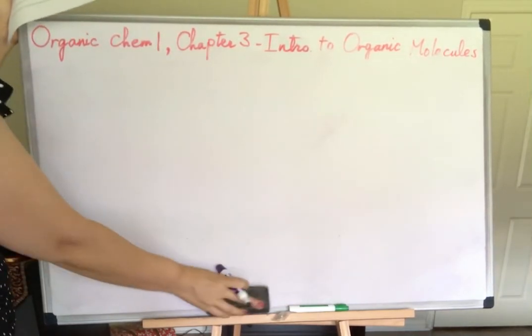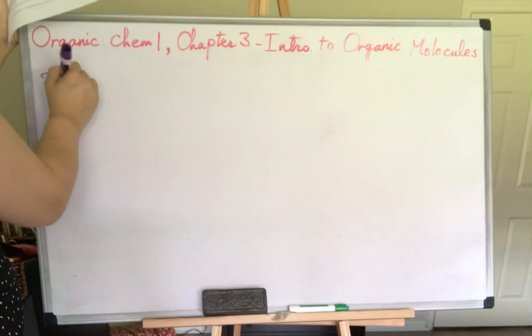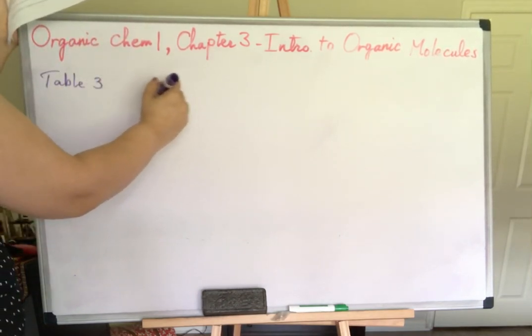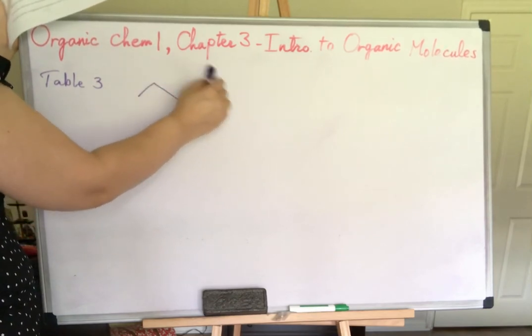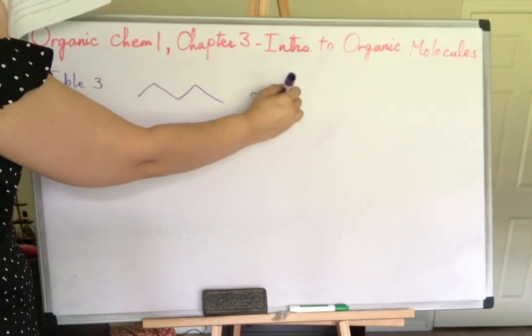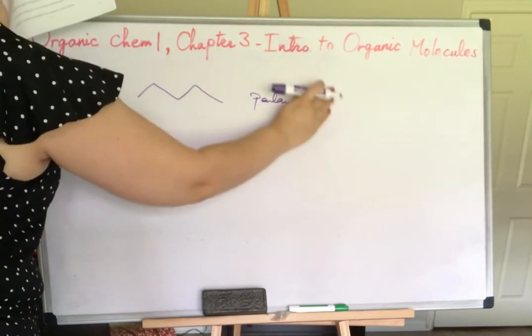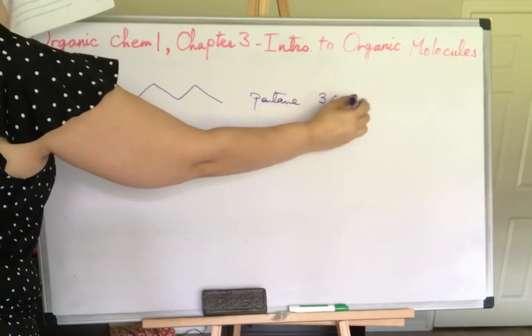And the third table is about branching between pentane, 1, 2, 3, 4, 5. This is pentane. It's insoluble. Boiling point is 36.